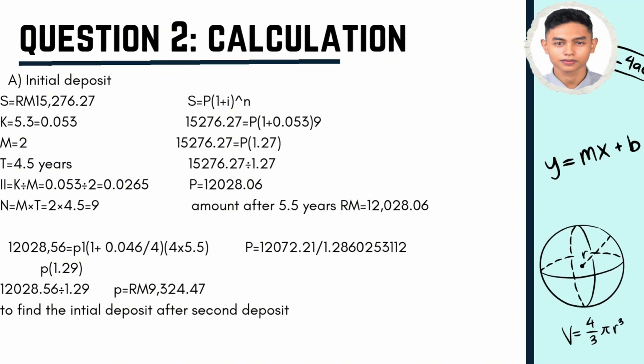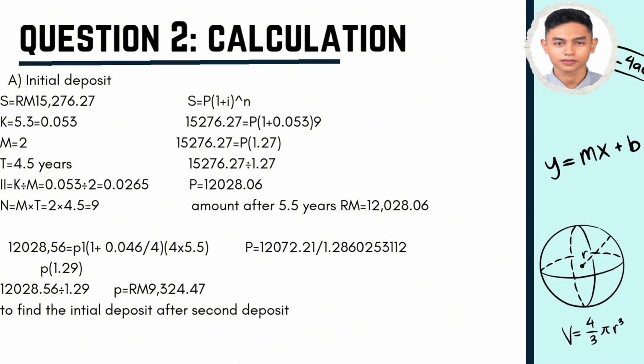Using S equals P(1 plus i) to the power of n, 15,276.27 equals P(1 plus 0.0265) to the power of 9. You will get P times 1.27. To solve this, 15,276.27 divide by 1.27. The amount you will get is 12,028.06. So the amount after 5.5 years is 12,028.06.